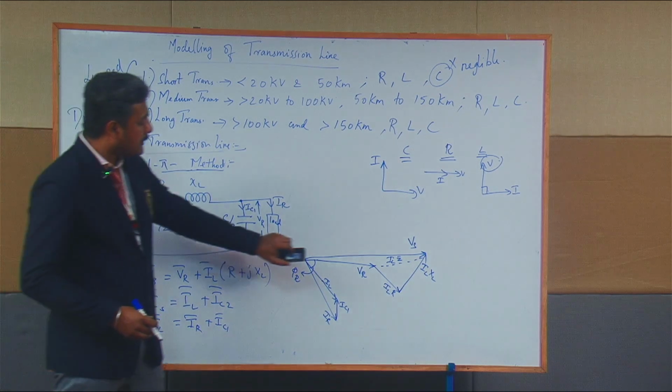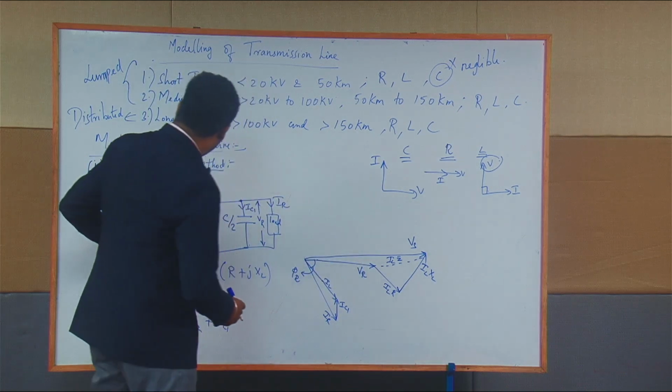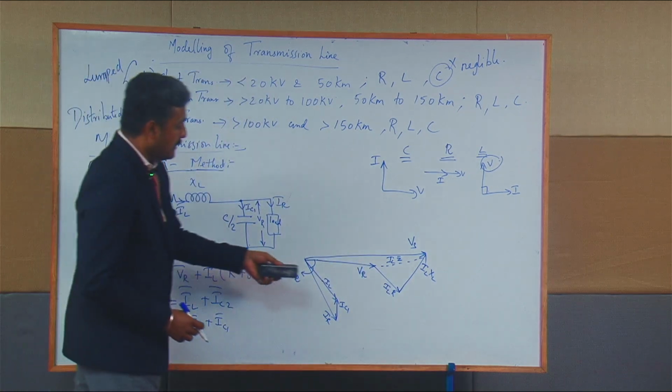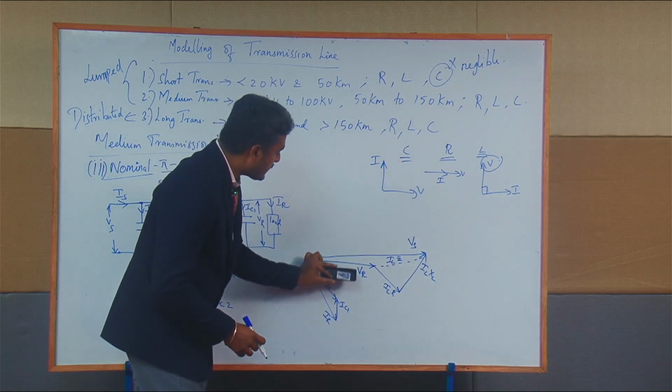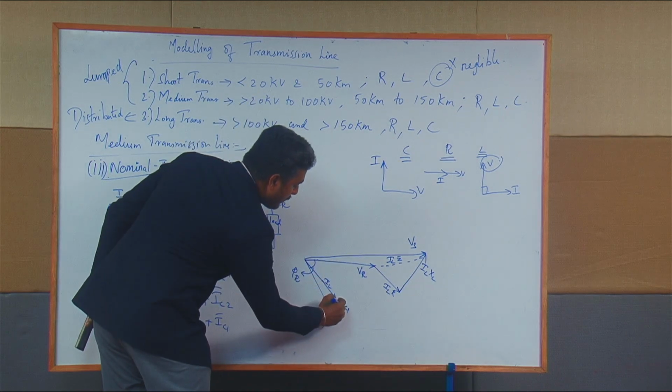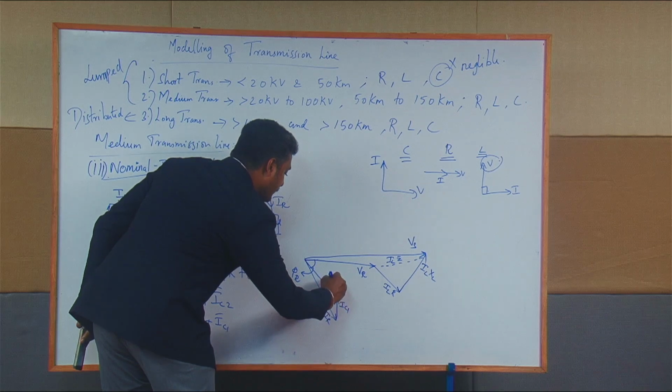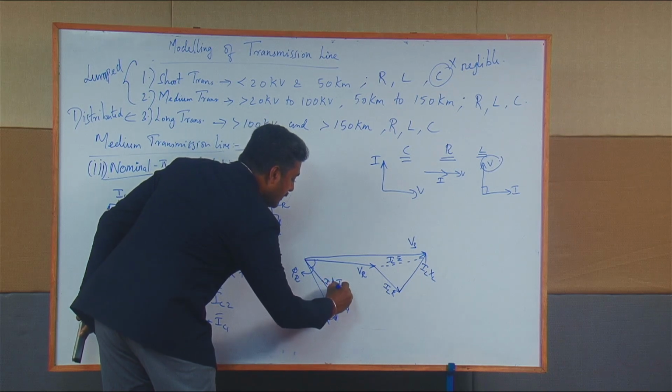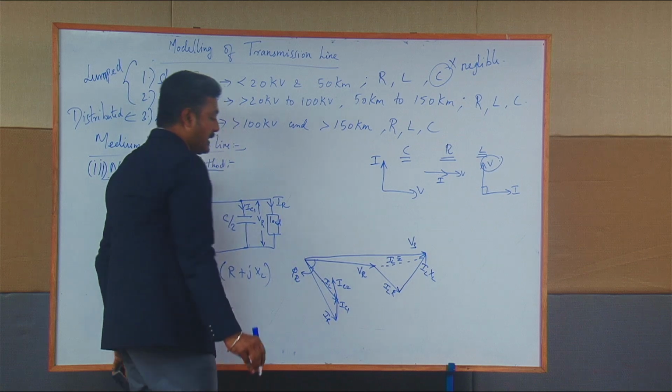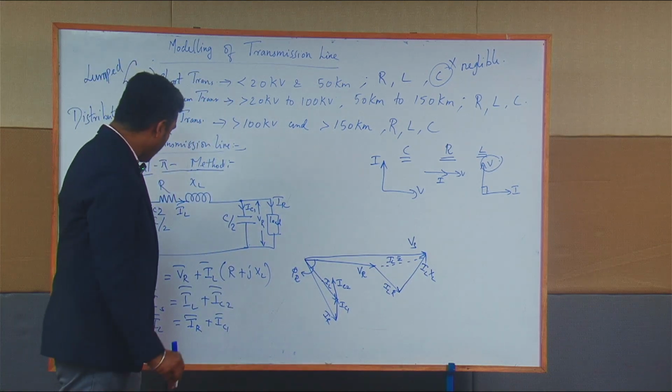Now you have drawn the Vs vector and you are going to draw the IC2 vector. This IC2 vector leads the Vs vector by the angle of 90 degrees.